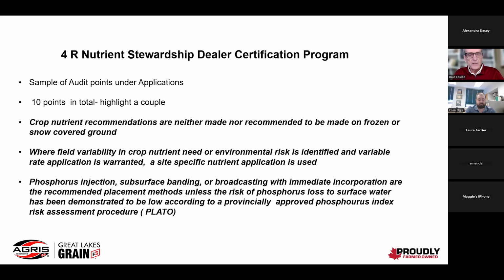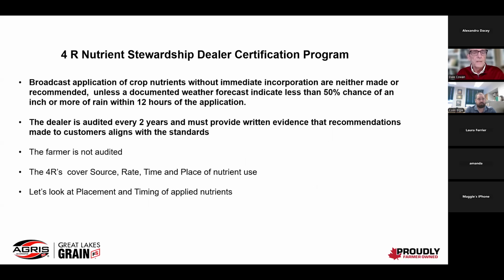And phosphorus injection, subsurface banding, or broadcast with immediate incorporation are the recommended placement methods unless the risk of phosphorus loss to surface water has been demonstrated to be low according to a provincially approved index risk assessment tool. And one of those can be found in the Agri suite that Colin mentioned, called Plato. You step through that process and it gives you a risk assessment for what you're doing based on your soil textures, slope position, and application rates and product.